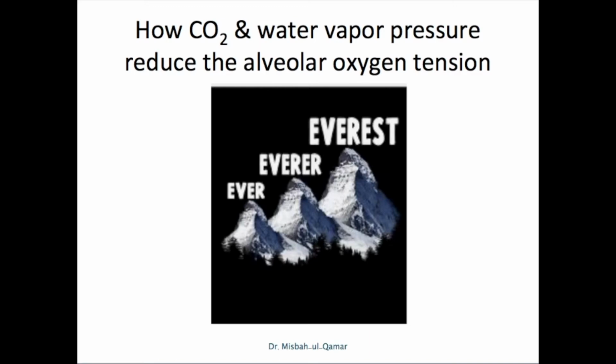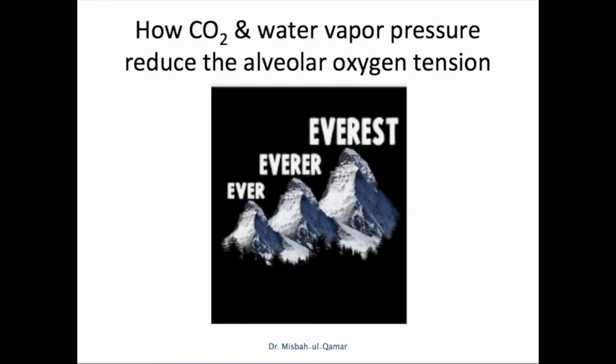You might still be wondering how carbon dioxide and water vapor pressure reduce the alveolar oxygen tension. You see, the barometric pressure is 253 millimeter mercury at the top of Mount Everest.